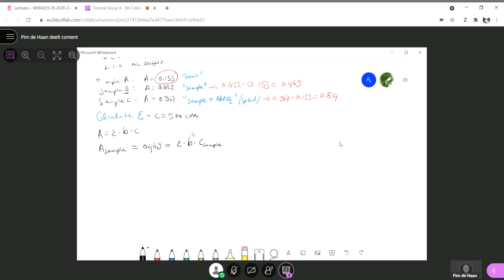We don't know this one, so that's a problem. But what we do know is that we have a sample plus extra nitrite. So that's this one, sample C, is 0.814, epsilon times b times c sample plus c sodium nitrite.